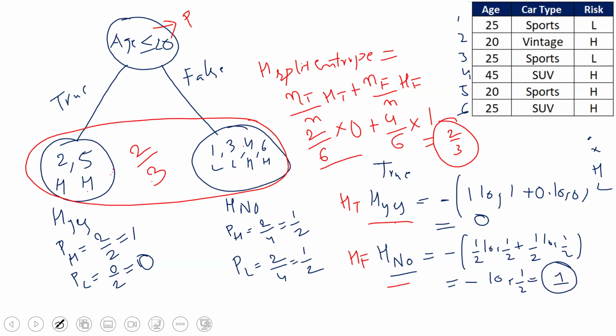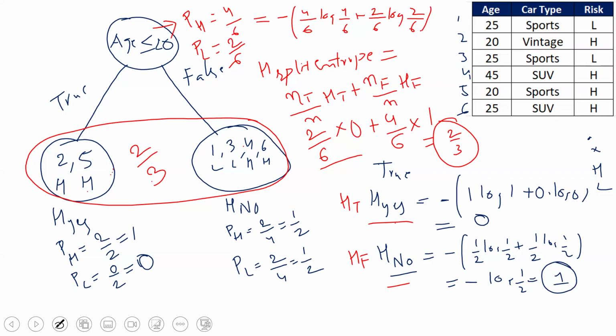What is the probability of high here? The probability of high is 4 by 6, and the probability of low is 2 by 6, right? Now you have to calculate the entropy: minus 4 by 6 log 4 by 6 plus 2 by 6 log 2 by 6. Here we have 6 records in total.